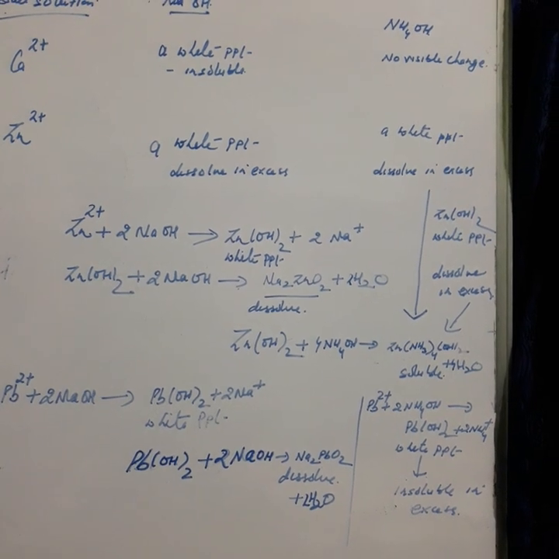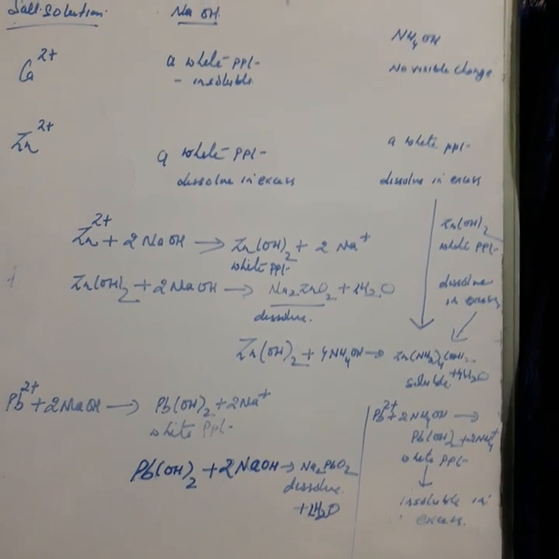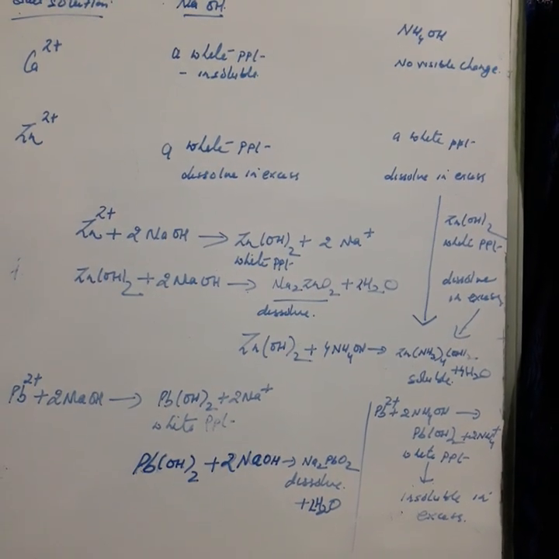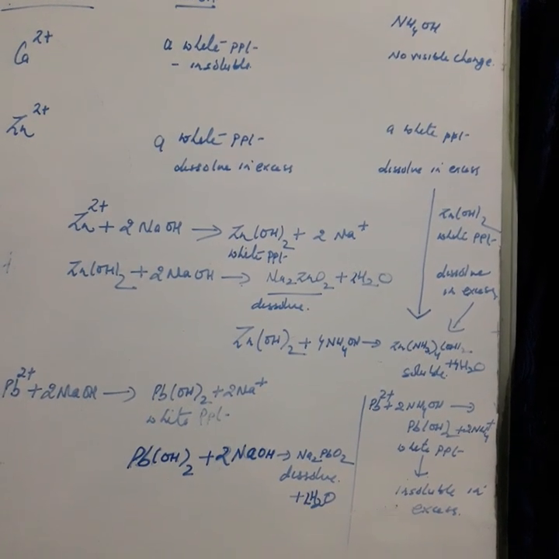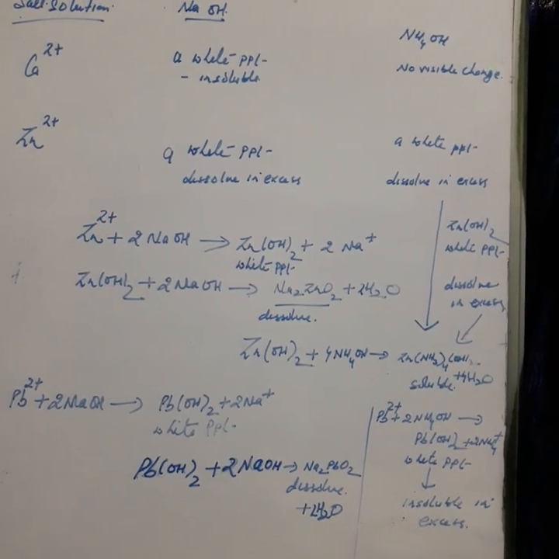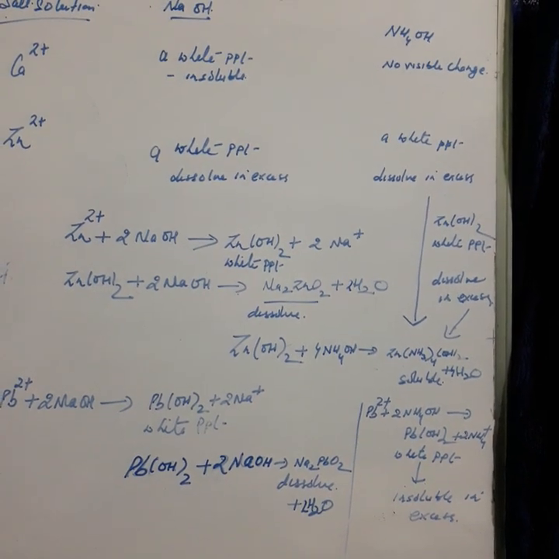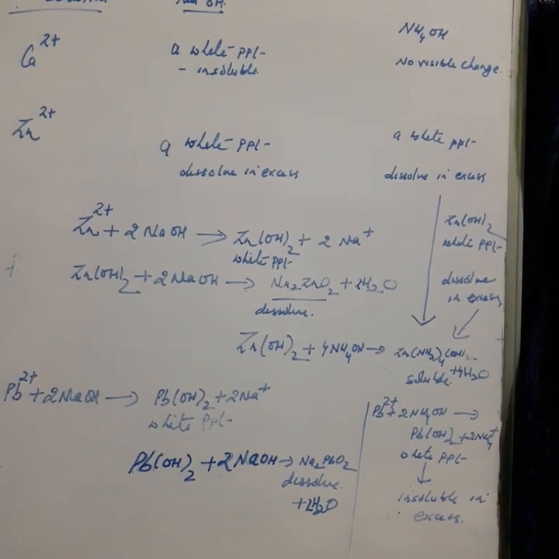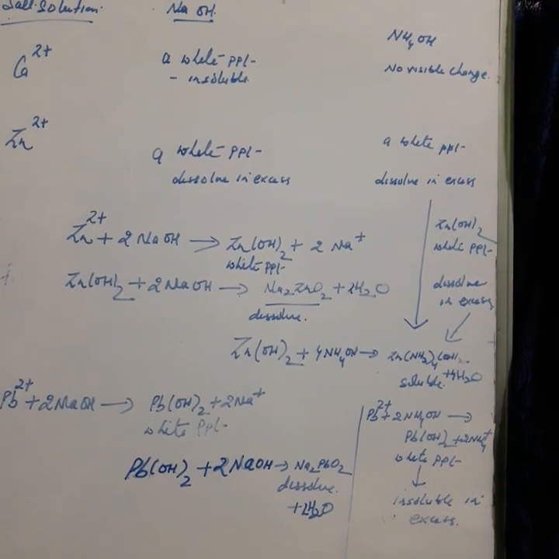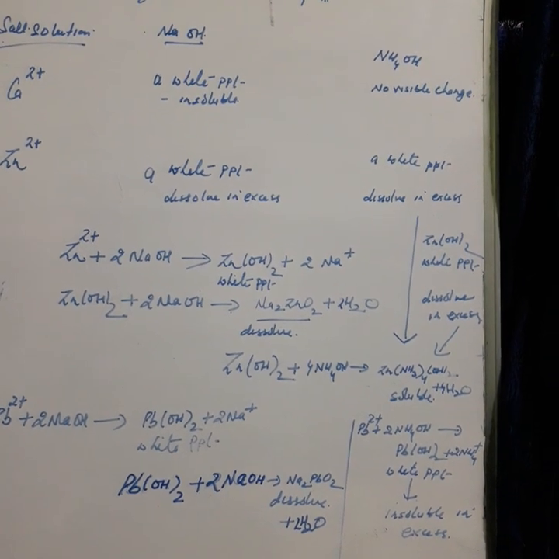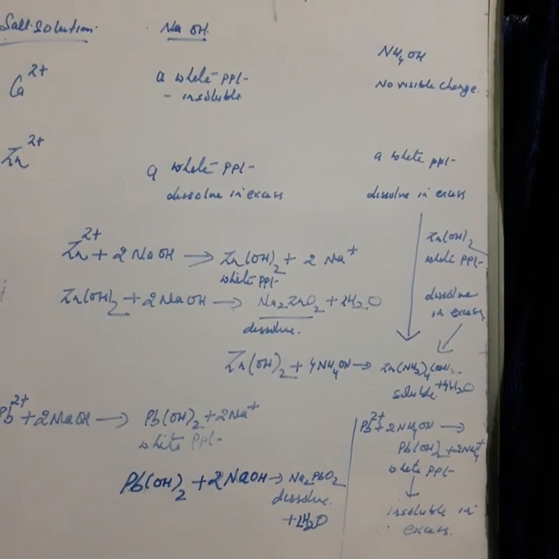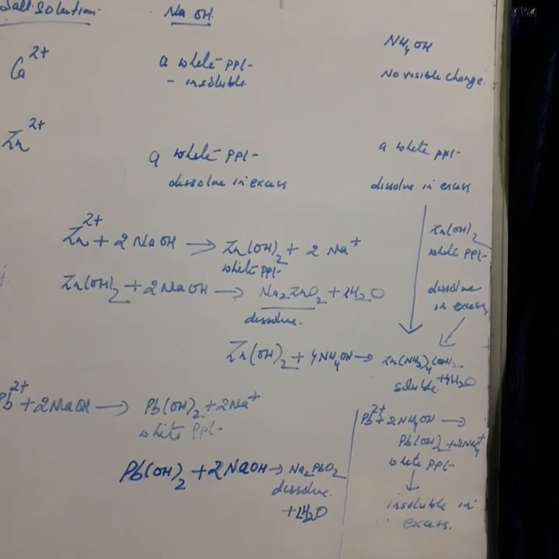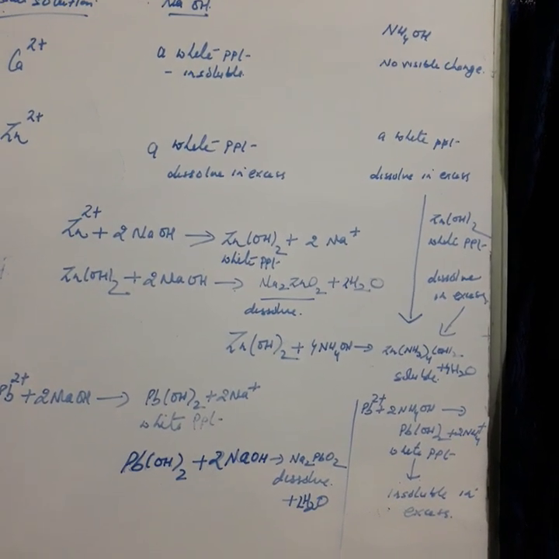So now try to identify out of the 3: calcium, zinc and lead. If you are asked to distinguish among them, how will you do this? Calcium and zinc we can identify by using sodium hydroxide. Calcium hydroxide will remain insoluble in sodium hydroxide, whereas either zinc or lead hydroxide will dissolve in sodium hydroxide. So we can easily distinguish between calcium and zinc or calcium and lead.